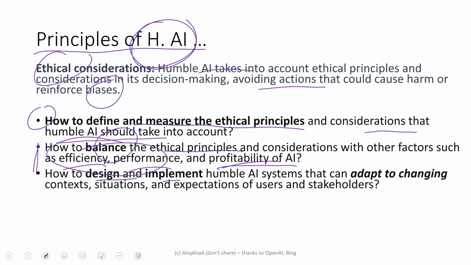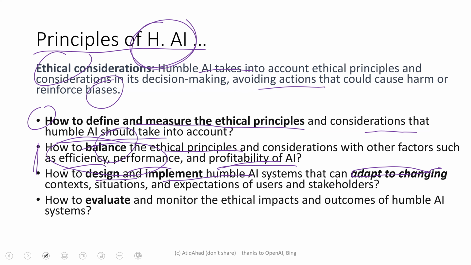How to design and implement humble AI systems that can adapt to changing situations and expectations of users and stakeholders, because we human beings are much more adaptable. We change a lot, we compromise a lot, because this is the strength of humanity. But can our AI have this ability?